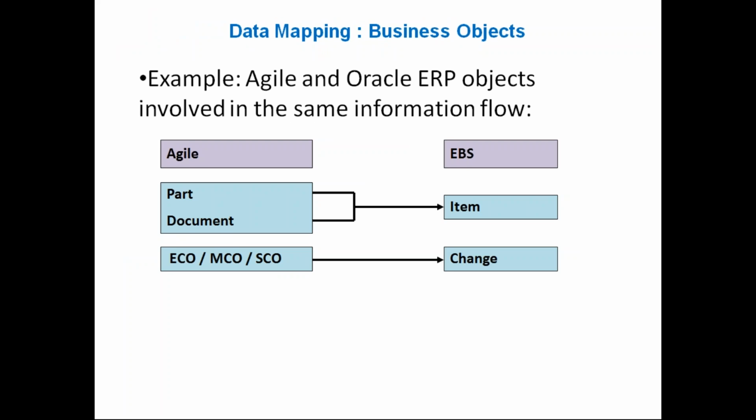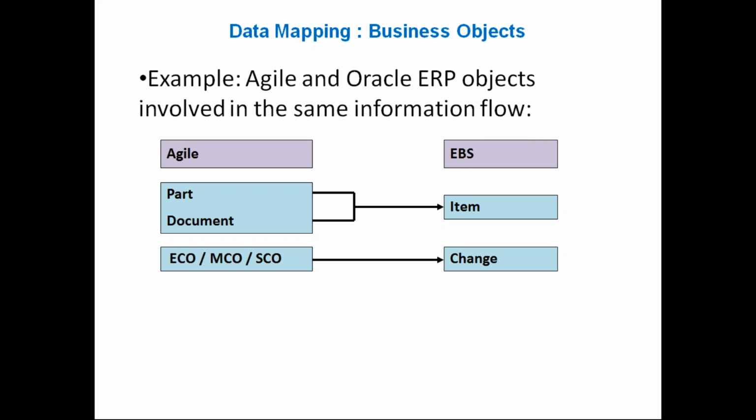We're talking about ERP and PLM here today. When we look at the data mapping that needs to take place between Agile and EBS, for example, the item is obviously going to be a key concept in E-Business Suite, and in Agile it's really contained in both part and document records, where you have multiple fields.